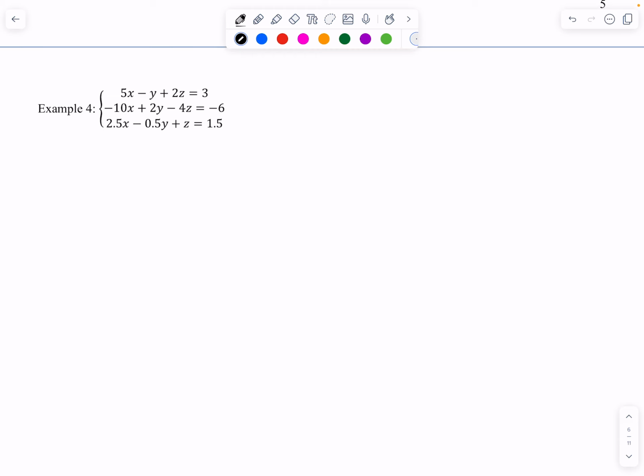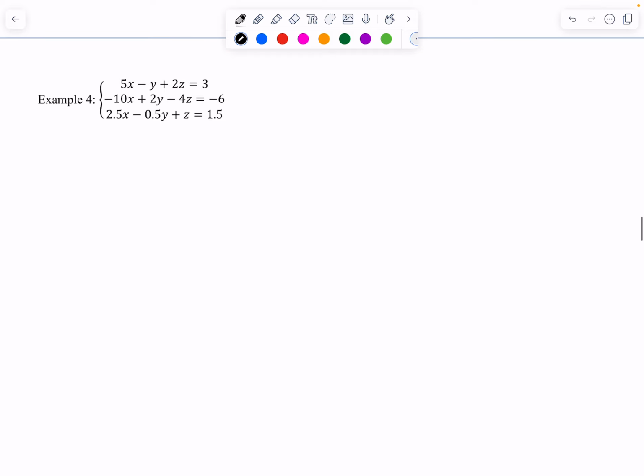We'll do example 4. Okay, so in example 4, I mentioned this earlier. If you look at all the coefficients for just the first two equations, so 1 and 2, it's 5 over negative 10, negative 1 over 2, 2 over negative 4, and then the constants are 3 over negative 6. These are all equal to each other, right? Those all reduce to negative 1/2. Let's see what happens when I look at equations 2 and 3.